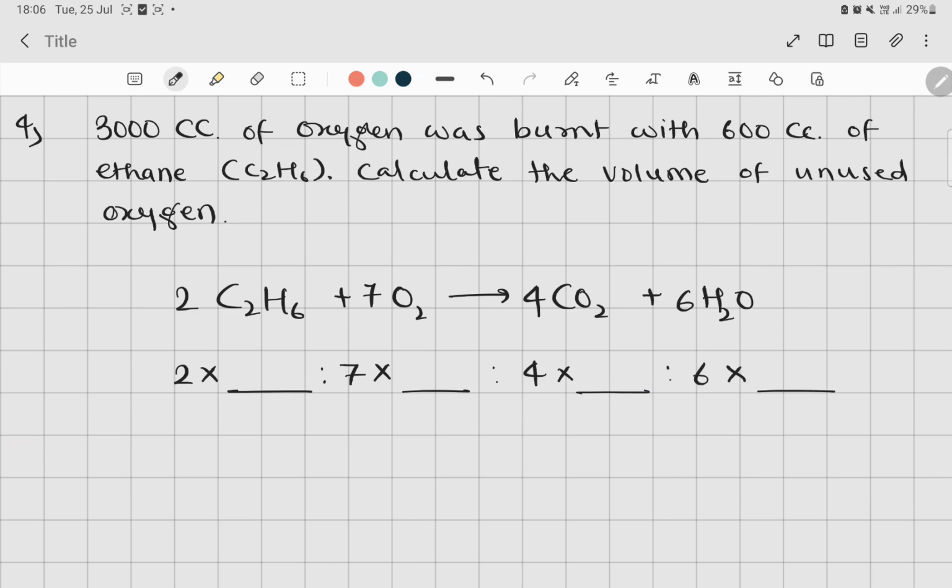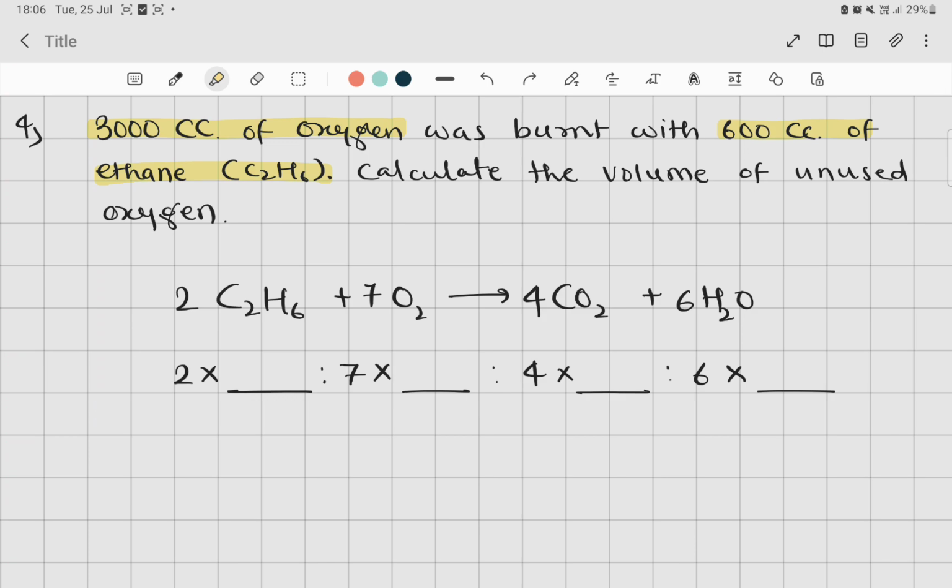Now what information are we provided in the question? If you see, 3000 cm³ of oxygen was burnt with 600 cm³ of ethane. We have to calculate the volume of unused oxygen, as they are already telling us that oxygen is unused, that means oxygen will be in excess.